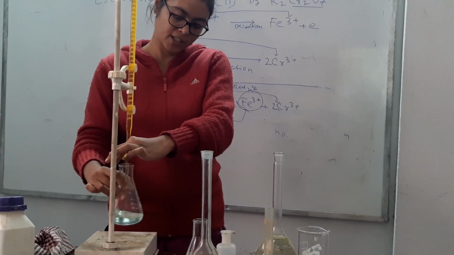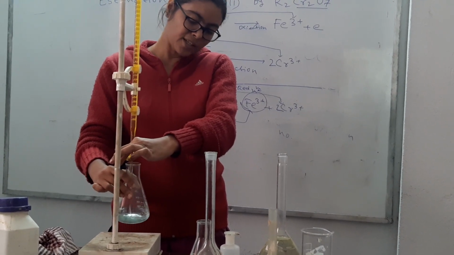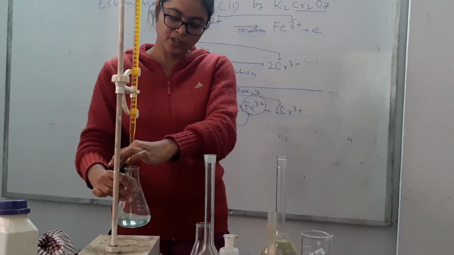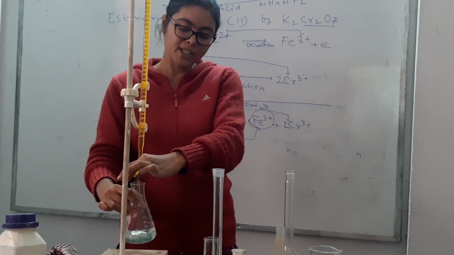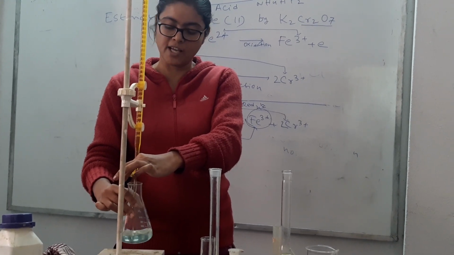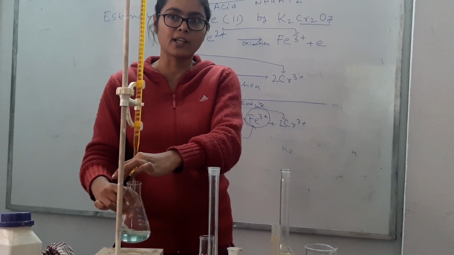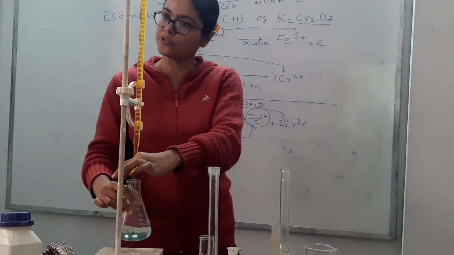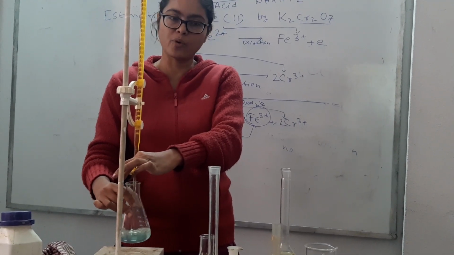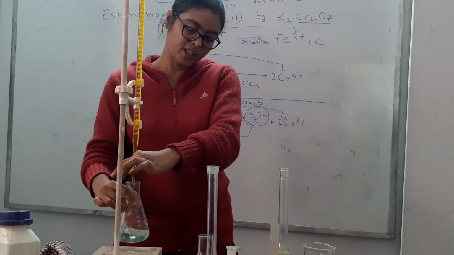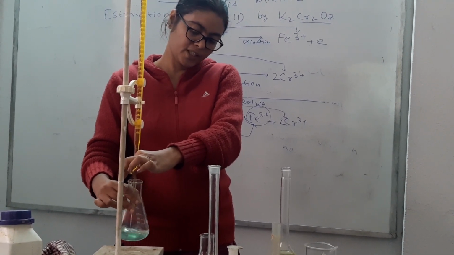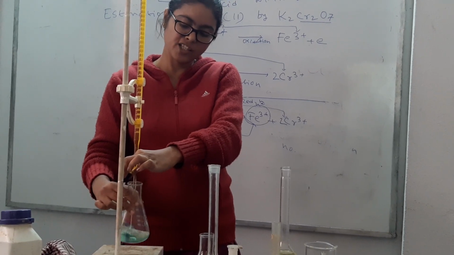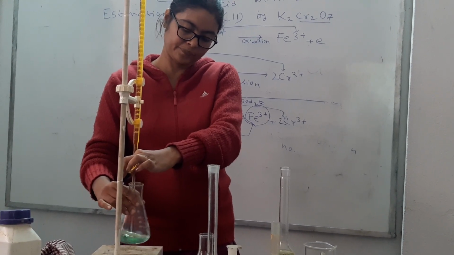Continuously shake it. You can see a greenish color change. Okay, green because dichromate is converted to chromium 3 plus, and chromium 3 plus has the green color. But this is not our end point. I hope you can see the color change, because it's a very good, distinct color change.